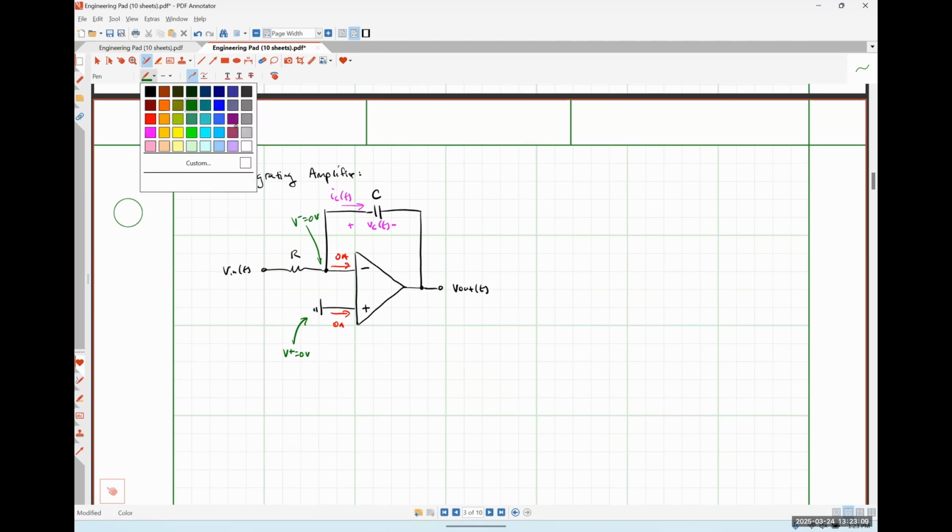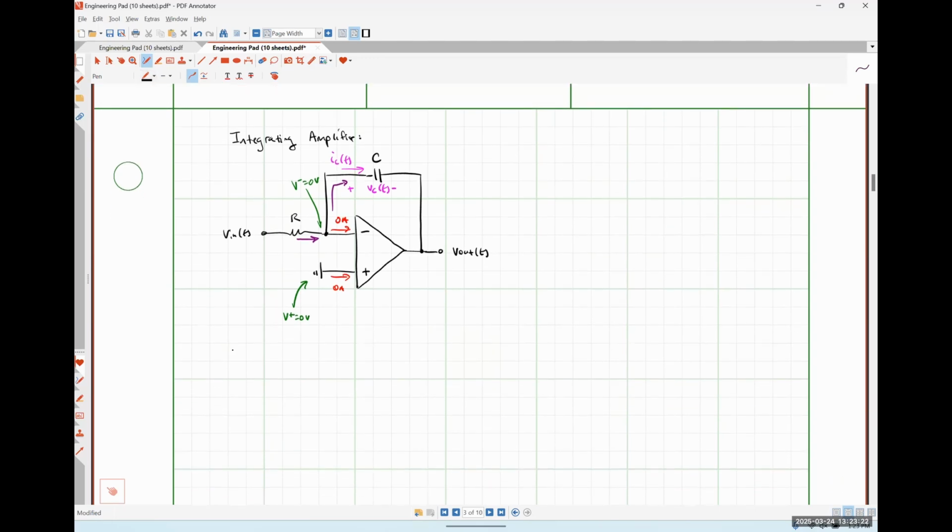And much like I did in the last problem, I'm going to choose to express my KCL relationship as the current flowing in is equal to the current flowing out. So when I perform KCL here, I'm going to have a current of Vn divided by R is equal to IC, right?